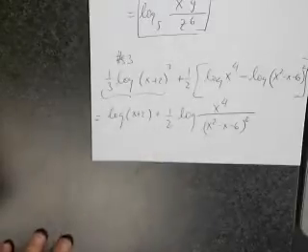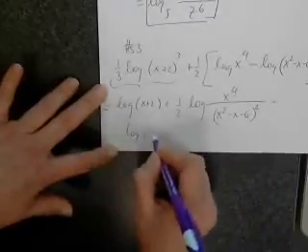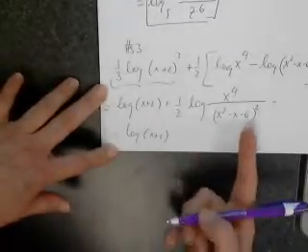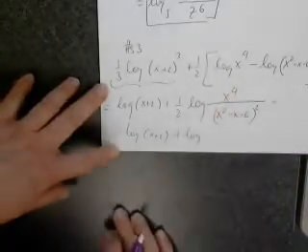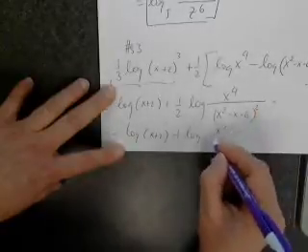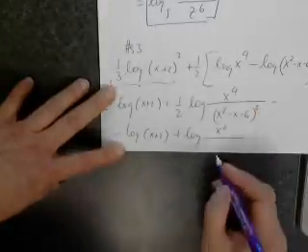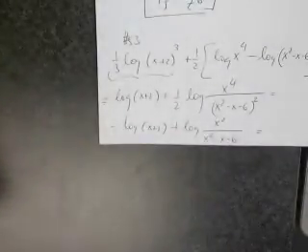What does that mean? Yes. So when I apply the square root on this, what will I get? X squared over. Very good. Final step. Now I have a log plus another log.